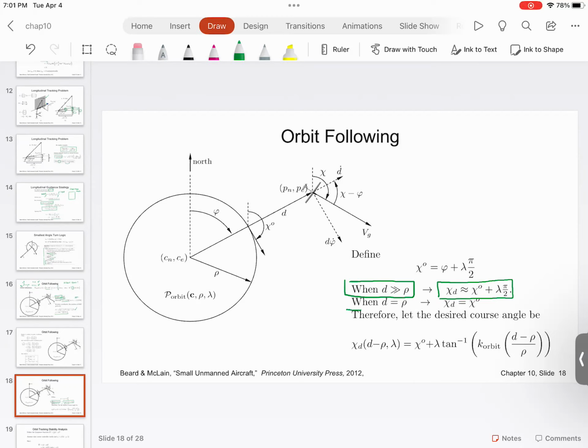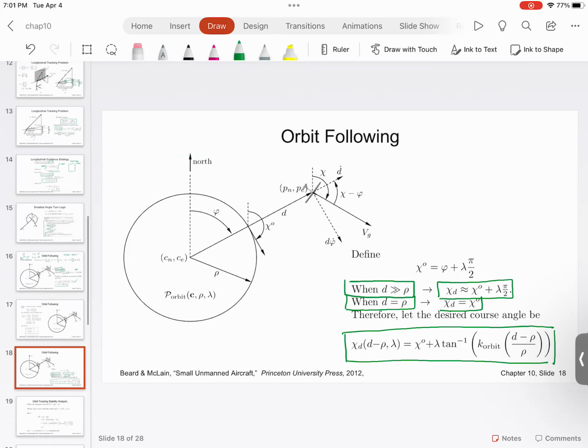When my UAV is actually circling at the desired radius, I do not change the course. Then I have this equation that will be implemented in the autopilot to make sure that the UAV is following this orbit.